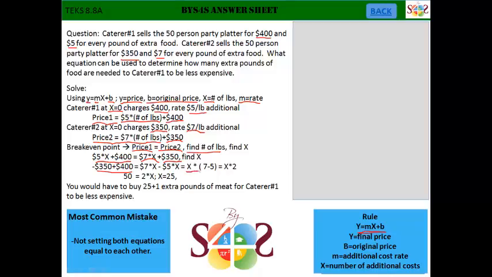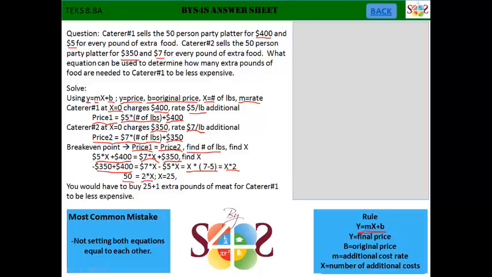And then we can factor out the x, so we get x times 7 minus 5, or x times 2. And then in order to get the x by itself, all we're going to do is just divide by 2 after we subtract the 350 from the 400, which gives us 50.